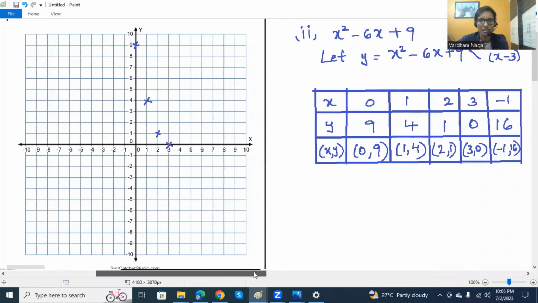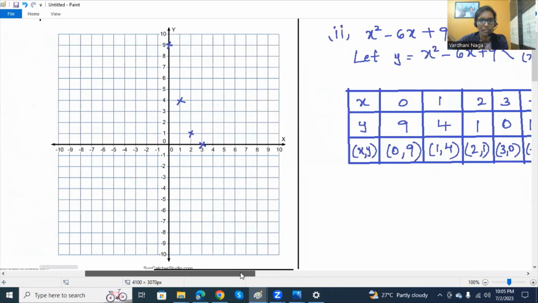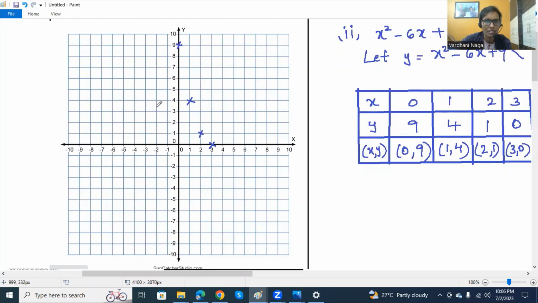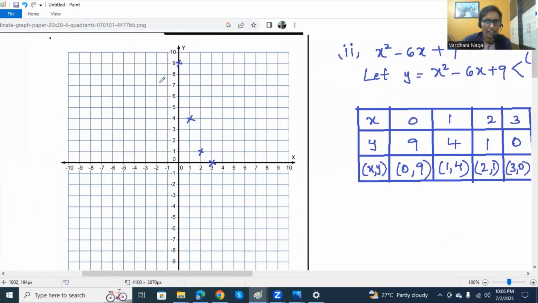Minus 1 comma 16 is out of the graph, which is not required. If we draw the graph, we get the curve by joining all the points, like this.